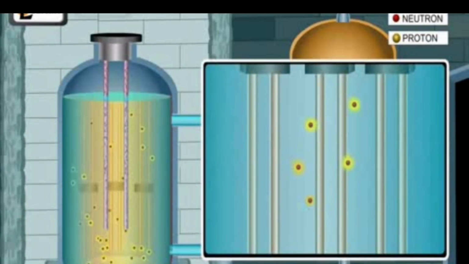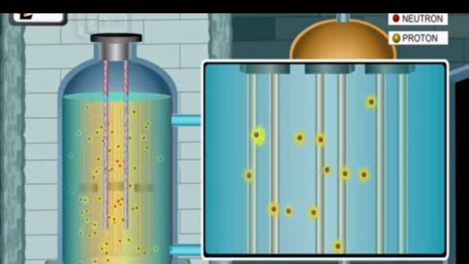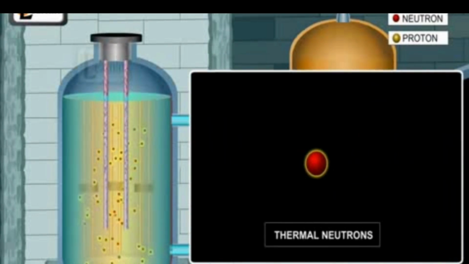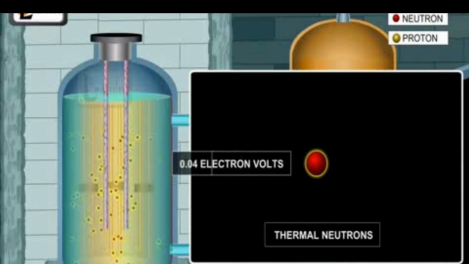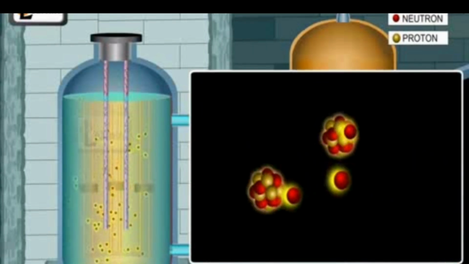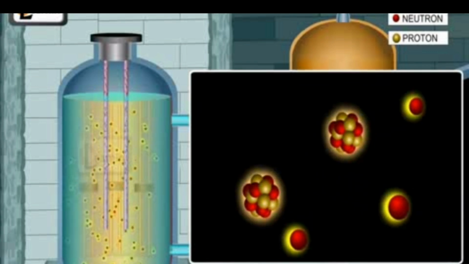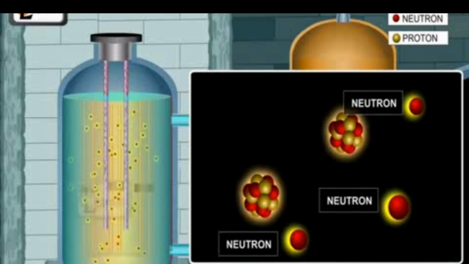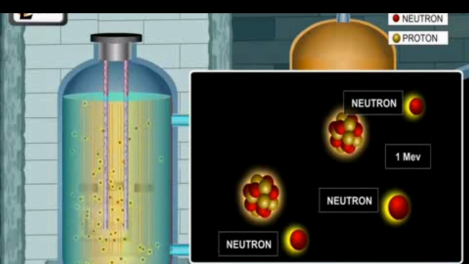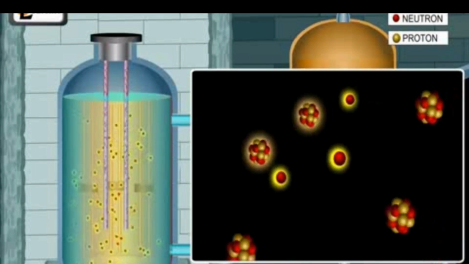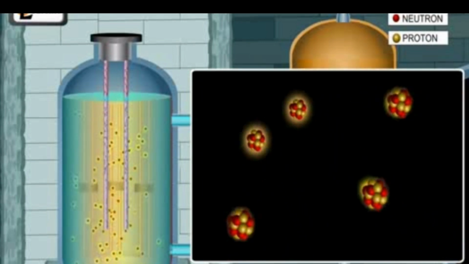When neutrons collide with the uranium, it produces a chain reaction, giving a large number of neutrons, that is thermal neutrons. Thermal neutron energy is very low, that is 0.4. When it bombards the uranium, it gives two elements and three neutrons. Again, the three neutrons collide with another uranium atom. So a chain reaction takes place and produces a large number of neutrons inside the nuclear reactor.